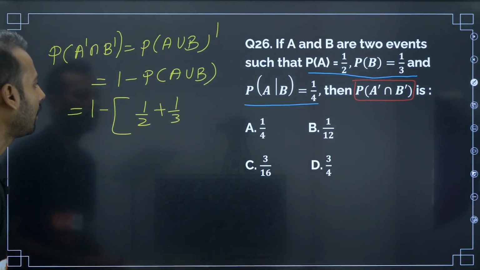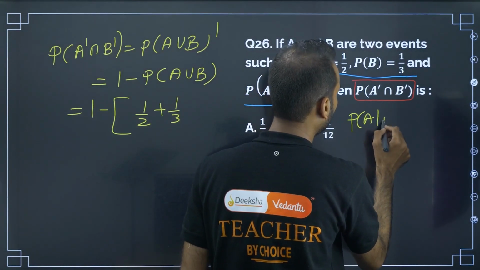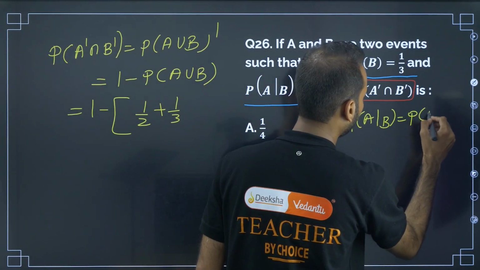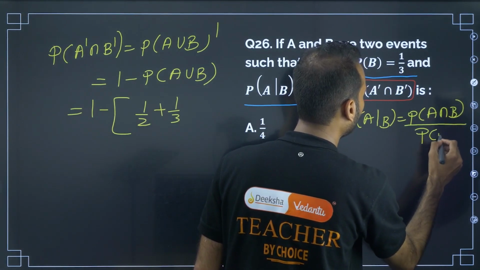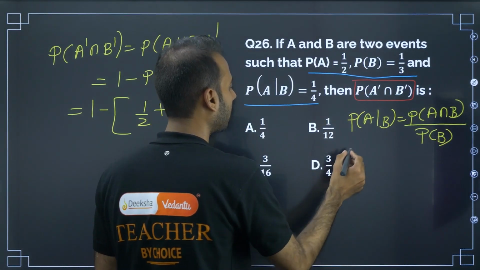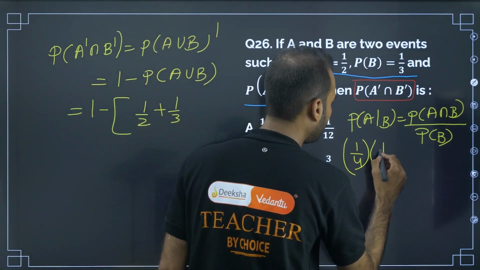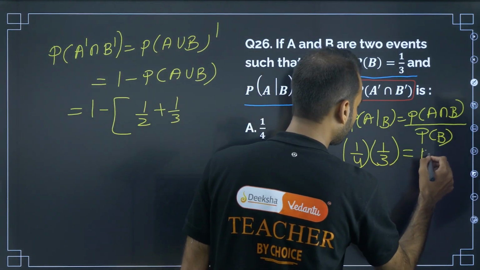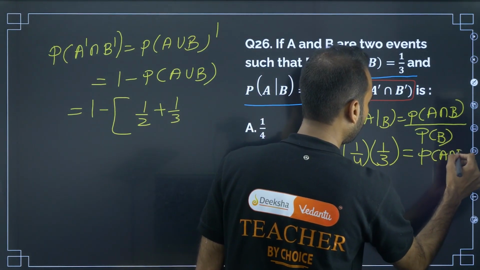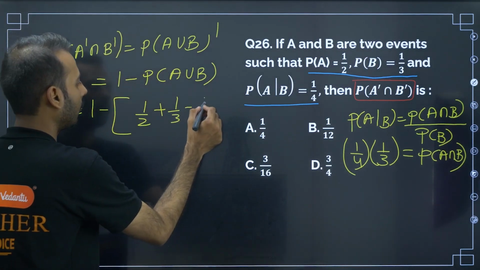A intersection B is not available readily, so probability of A given B is equal to probability of A intersection B by probability of B. So probability of A intersection B is 1 by 4, probability of B is 1 by 3, so P of A intersection B is now 1 by 12.